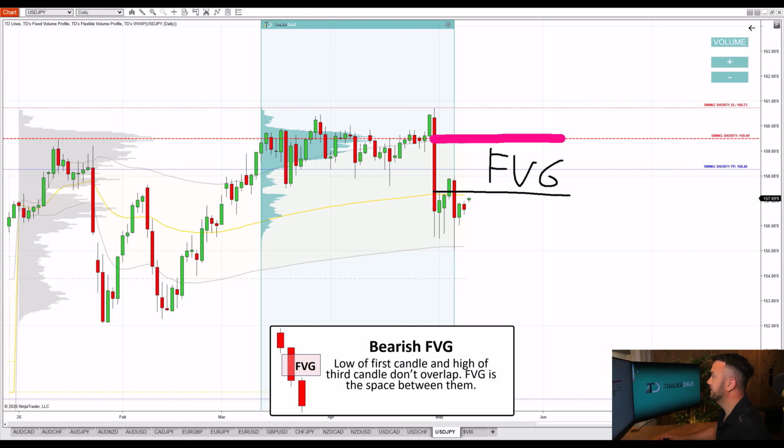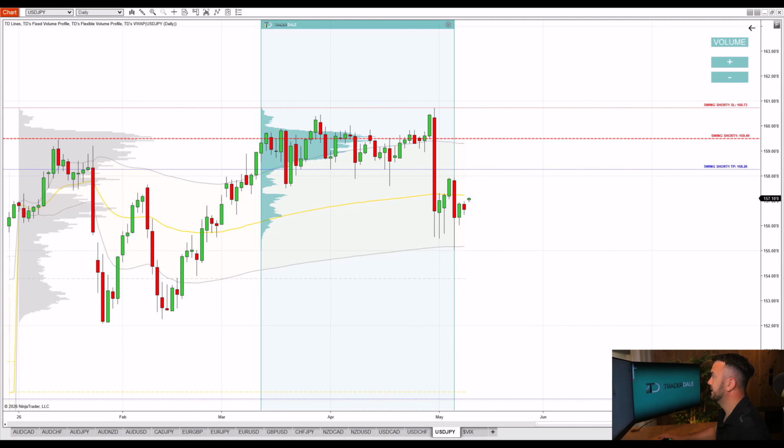One additional thing is the yearly VWAP, the first deviation of it, this gray line. It's very close to our level, and it adds strength to it.